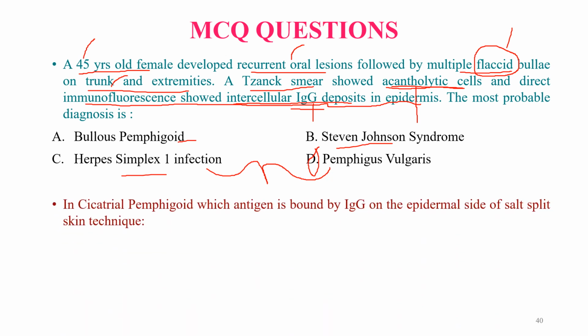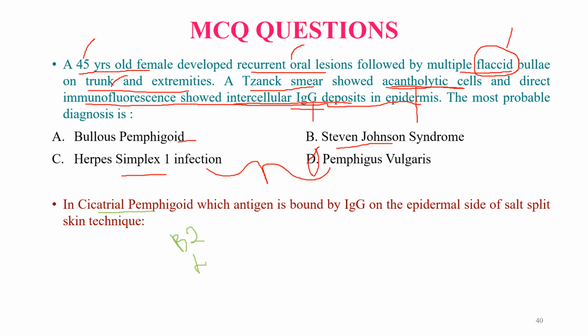Coming to the second question, in cicatricial pemphigoid, which antigen is bound to IgG on the epidermal side of salt split technique? Okay, so first when we see this, first let us think what is cicatricial pemphigoid and what antigens are involved. So the antigens involved are bullous pemphigoid antigen 2 and then the laminin.